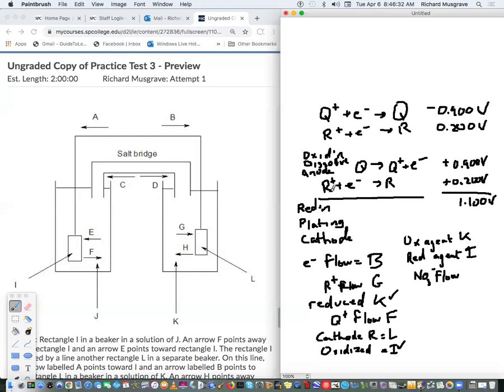See, the thing is, R plus is the species that is actually being reduced, not the R. R plus is turning into R. That's what's being reduced. The Q is turning into Q plus, so it's being oxidized.